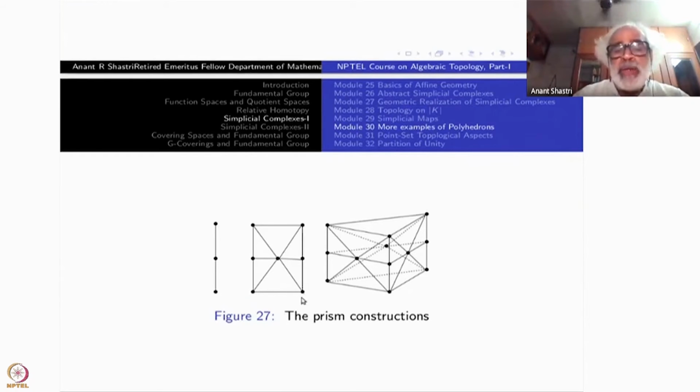So this is delta 1 cross I. Delta 1 cross I is a rectangle or a square, whatever you want to think of. Point cross I is this one, so it disappears here. Other point cross I also disappears here.